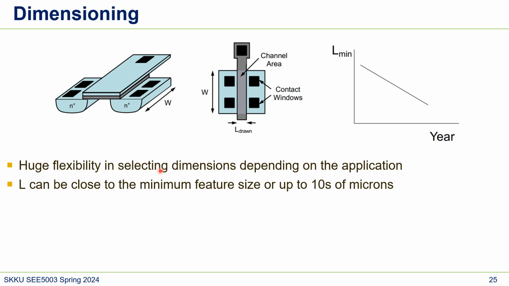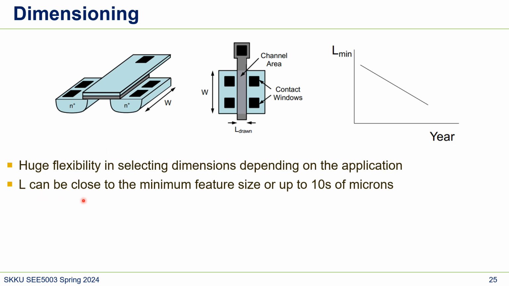For example, if we compare the smallest MOSFET versus the largest MOSFET in a single chip design, it can easily be over 10,000 times different. So one can be 10,000 times larger than the smallest one, or even more. So that's what it means, huge flexibility. And that happens a lot.